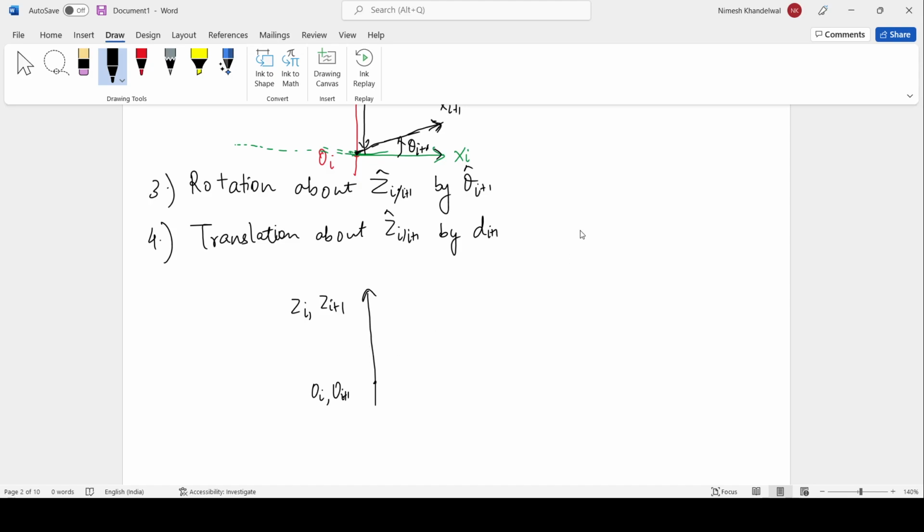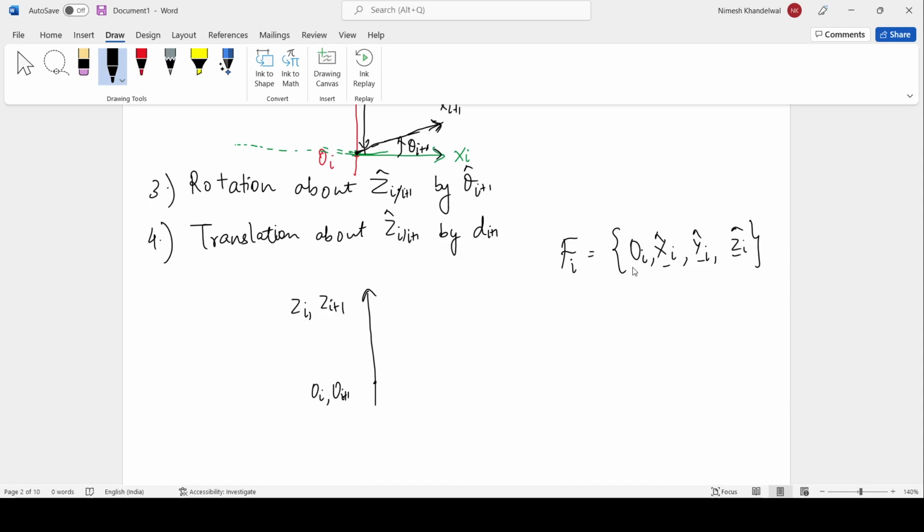We have already defined some frame, right? So the frame I is defined by the origin and the basis vectors, or what we call axes of the coordinate system.